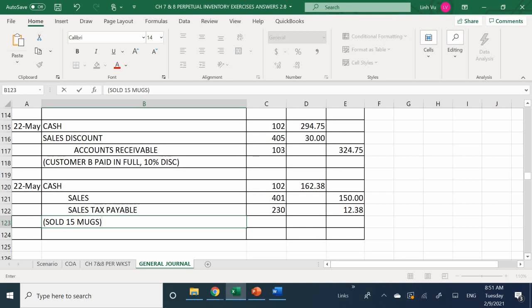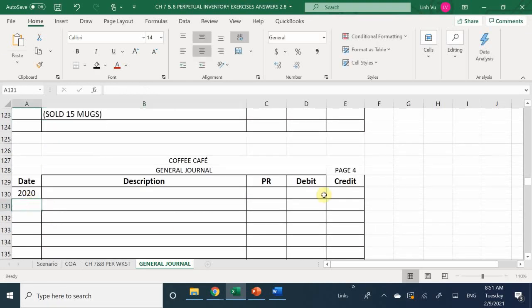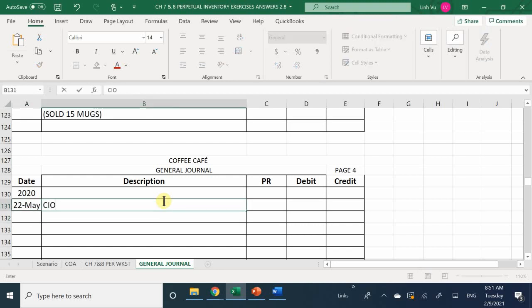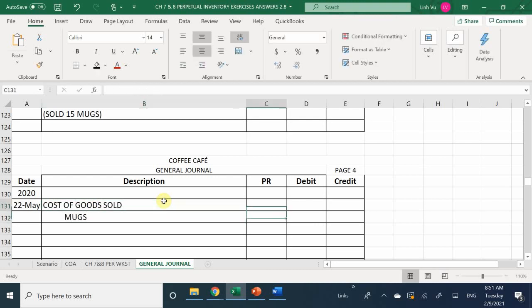All right. And of course, what else do we need to also include? So I'm on my new journal here. Cost of goods sold. We also need to recalculate our cost of goods sold because we got rid of inventory. I think cost of goods sold was 501.